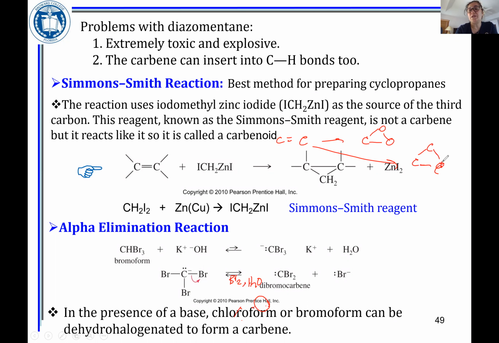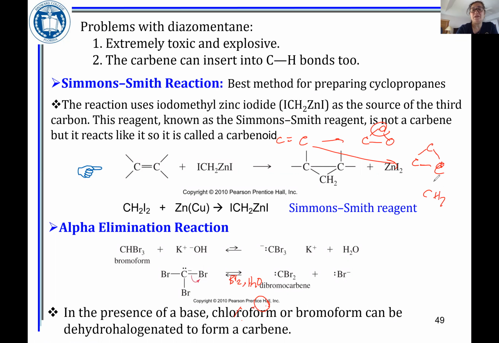In order to change the CC double bond to cyclopropane, all you need is a CH2 instead of the oxygen. You bring the CH2. So what you need to know is the reagent, what reagent you would use to add the CH2.